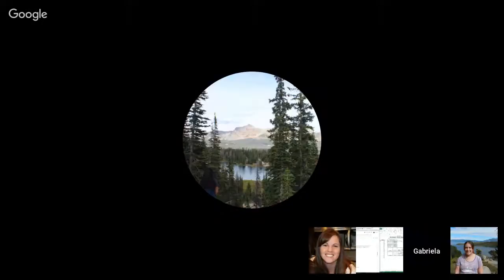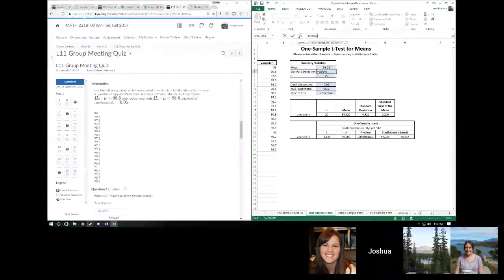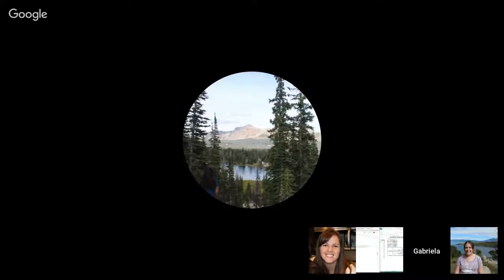Okay, standard deviation. And that one is just equals STDEV, open parentheses, A5 to A24. 0.922. Okay, and what is N?